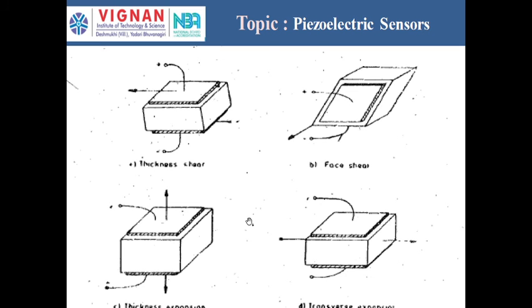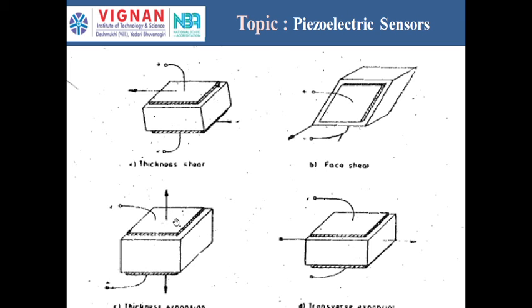Due to this there are dimensional changes. Thickness means, in these two directions if you apply some longitudinal force, the thickness of this crystal will be decreased or increased. Like that, some dimensional changes will occur, which will provide some amount of voltage. This is nothing but face shear. Simply we are applying the deformation in this direction, therefore it is going to produce some displacement.